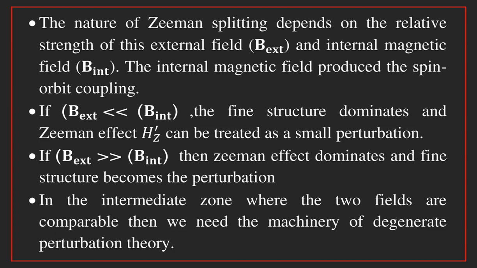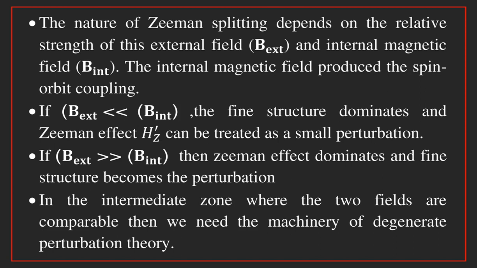So, actually there are two magnetic fields, the externally applied B external and the internally present B internal. So, the nature of Zeeman splitting depends on the relative values of these two fields. If the external field is much less than the internal field, then we can take the Zeeman effect as a perturbation to the existing hydrogen atom. Existing means the hydrogen atom with spin-orbit coupling.